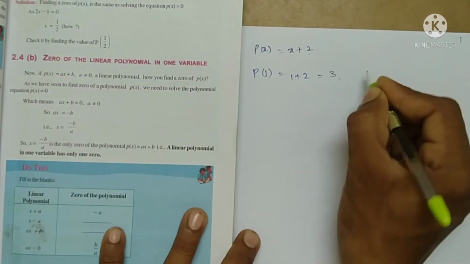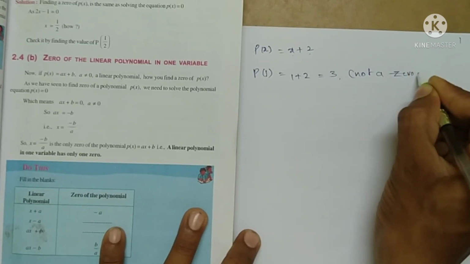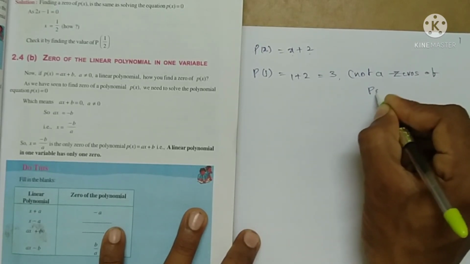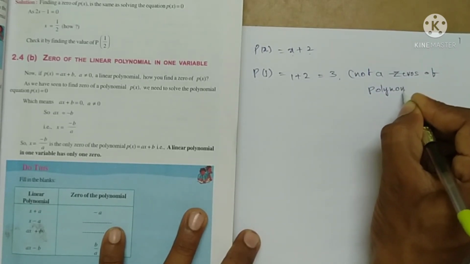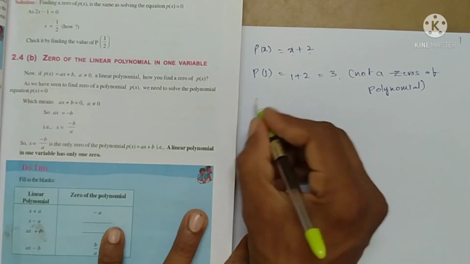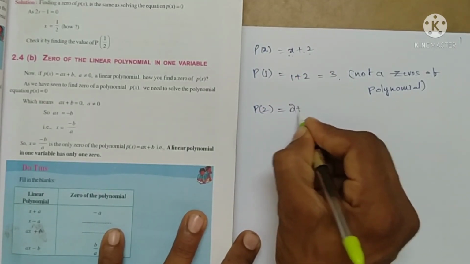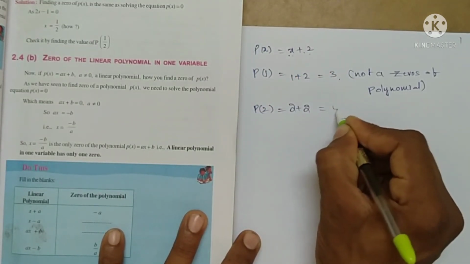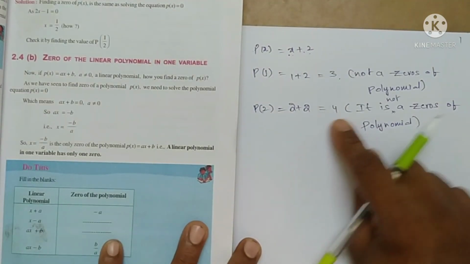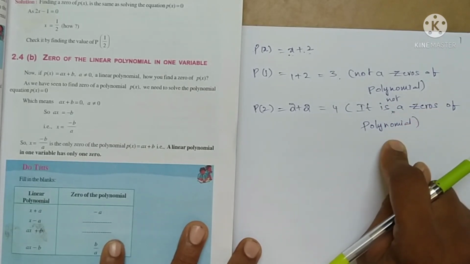It is not a zero of the polynomial, right? Okay. So P of 2. So 2 plus 2. Result is 4. So 4 is also not a zero of the polynomial.